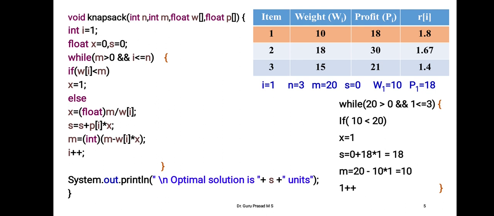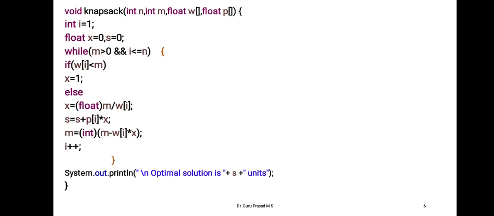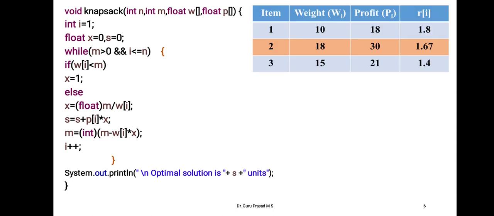I plus plus, I value incremented to 2. Okay, in the second iteration, I value 2, n value 3, m value reduces to 10, sum of profit increases to 18, W2 is 18 and P2 is 30.